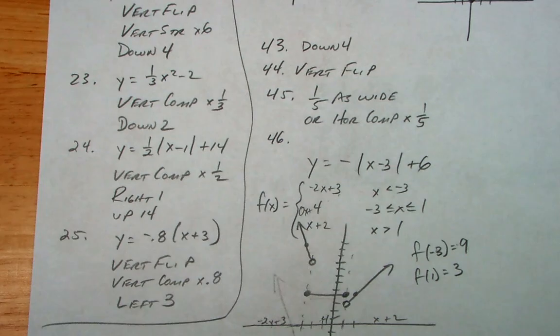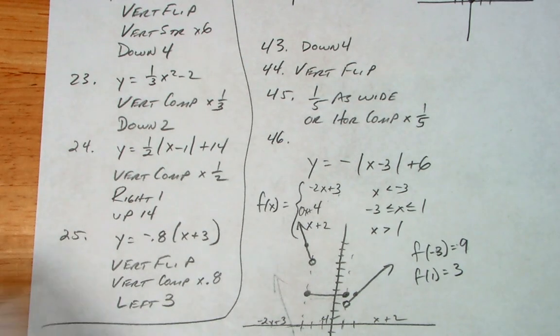I said I would read 16, 18, and 20 because of that changed assignment thing, so let me do that. 16 would be a horizontal flip, and horizontally compressed, half as wide. 18, vertical flip, and it's half as tall. 20, that I won't try and trip you up with right now, but it technically would be a horizontal flip.